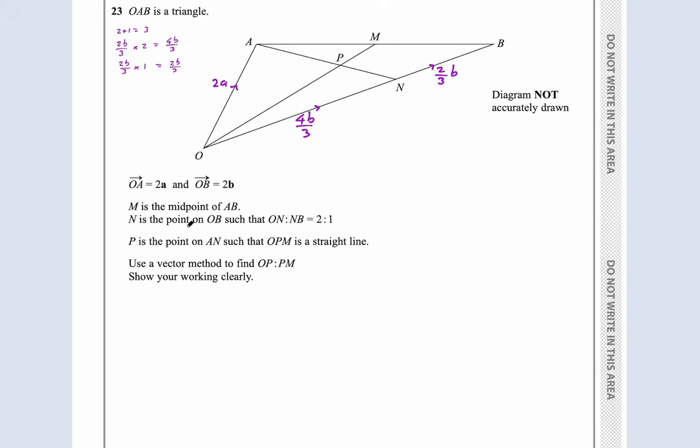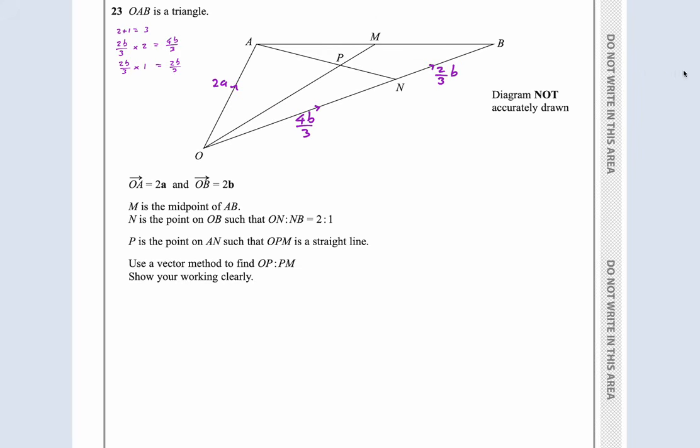Then he says, P is the point on AN such that OPM is a straight line. Fine. Use a vector method to find the ratio OP to PM.